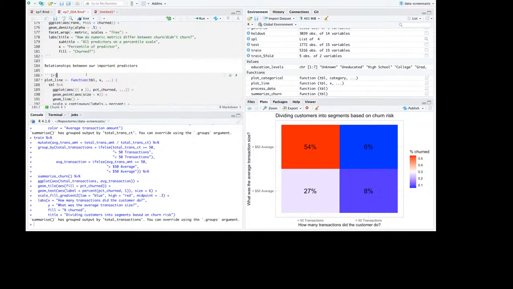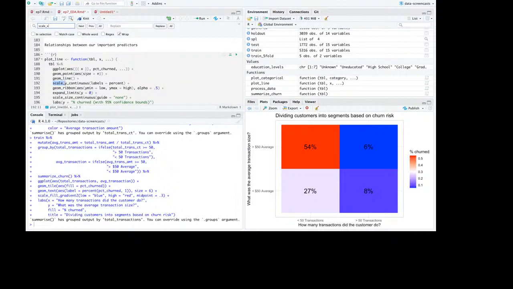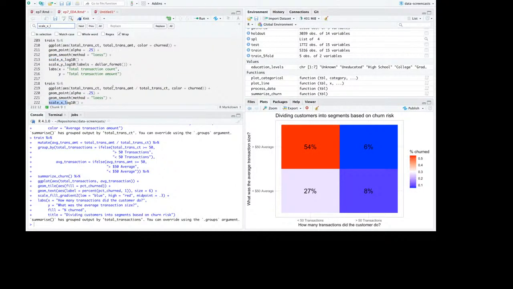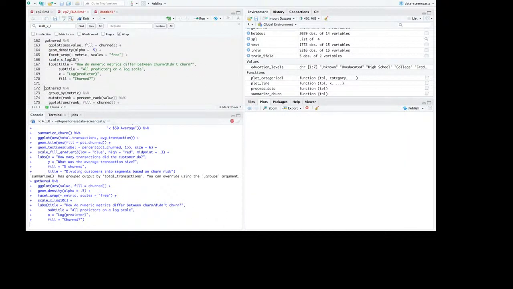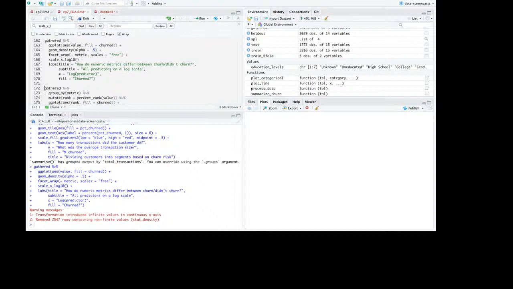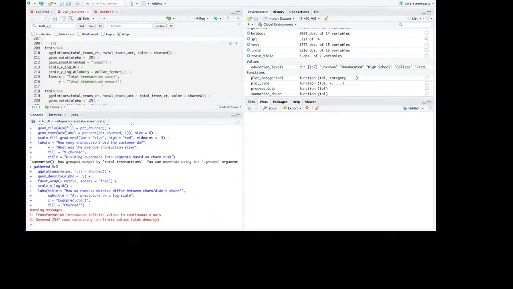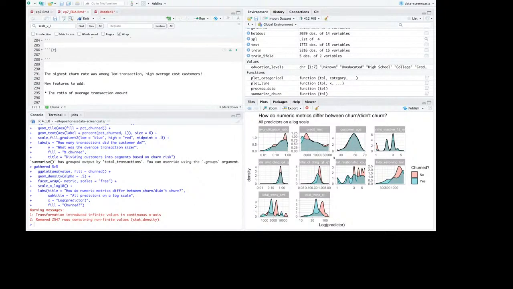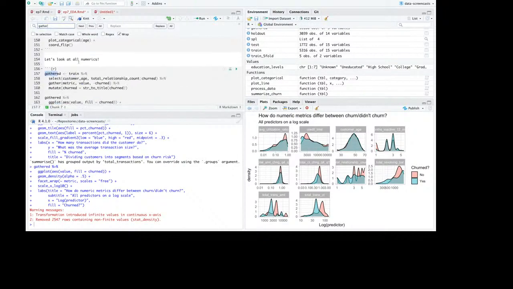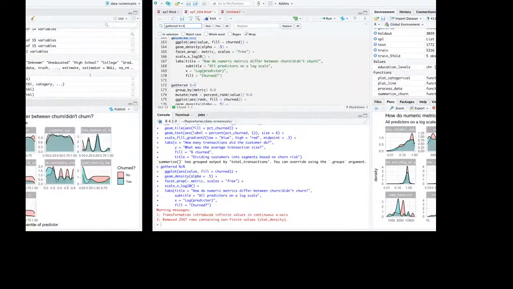But I can go back to that rank one, that one that was faceted by metric. And say next one, we just look at this. All right, transaction count, total revolving balance, utilization ratio maybe has a little importance. I'm actually gonna take this gathered and ask about the.